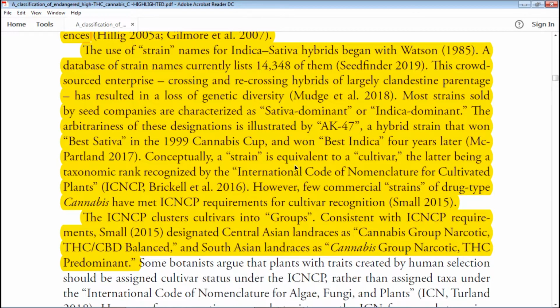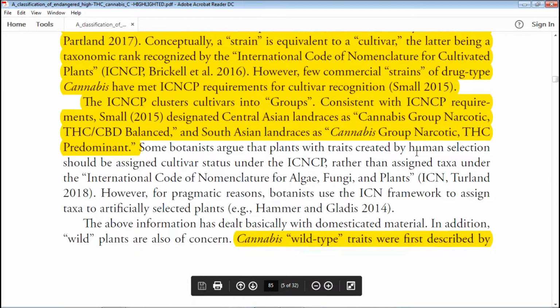You have your Central Asian plants, which are Afghanicas. They're in their own cultivar group called Narcotic THC CBD balanced, and your indicas, the South Asian land races, are narcotic THC predominant.